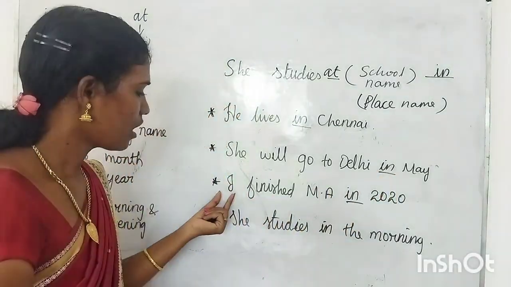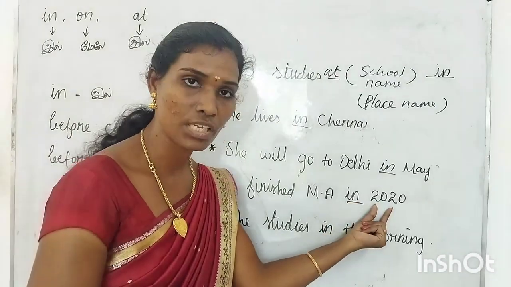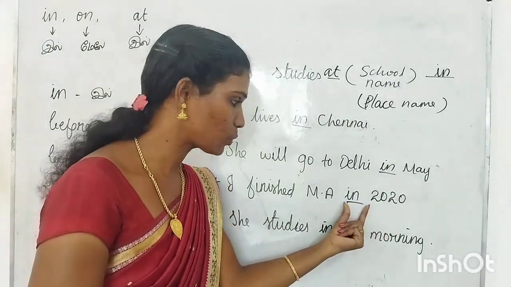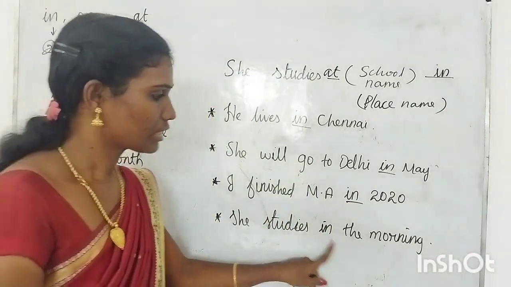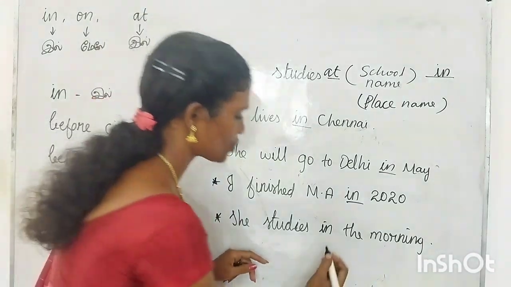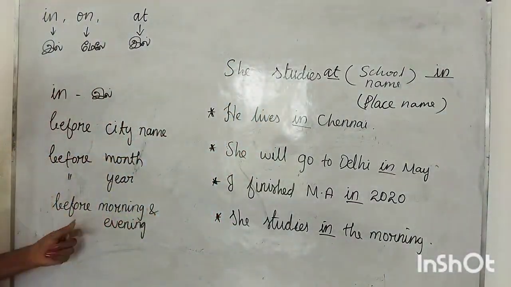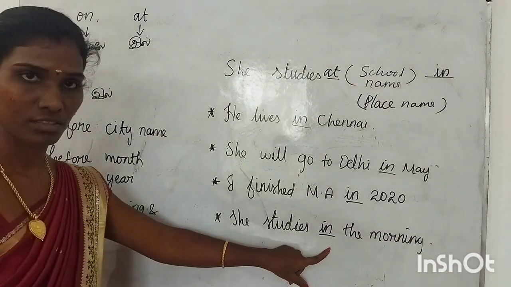And: I finished MA in 2020. Before a year we use the preposition in. She studies in the morning. Before morning and evening, we use the preposition in.